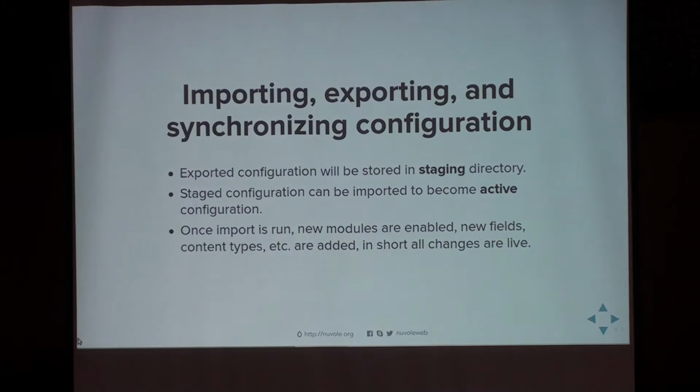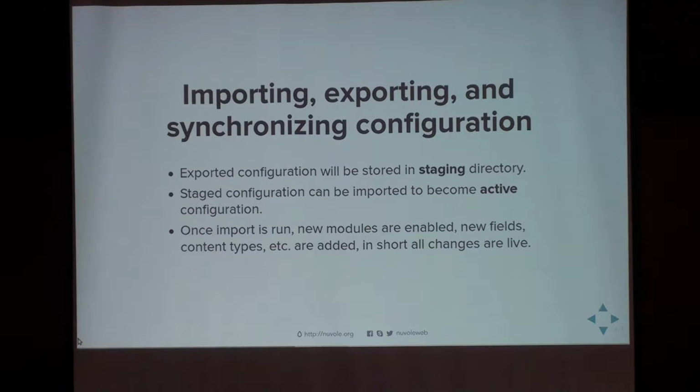And in between the staging and active directory, you do the synchronization. And once the stage configuration becomes active, then this is the synchronization. And in this step, new modules are enabled, new fields, content types are added and removed.